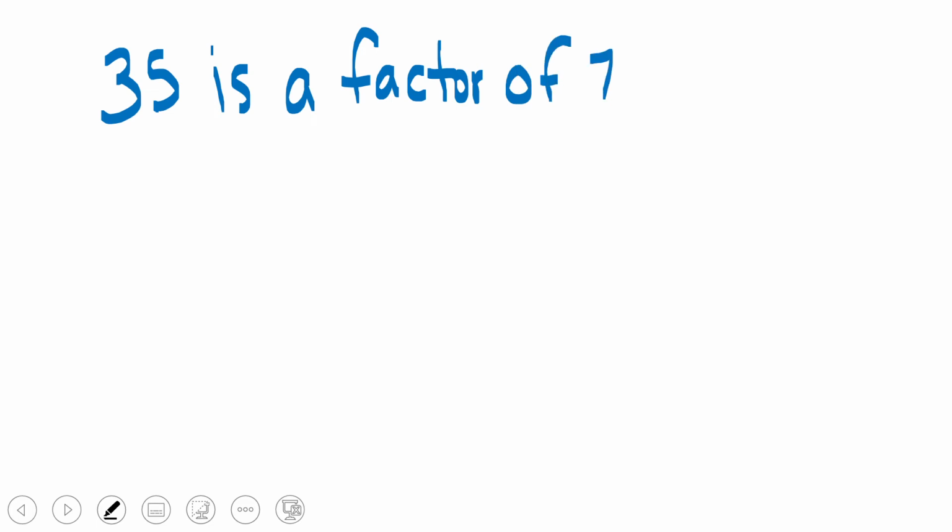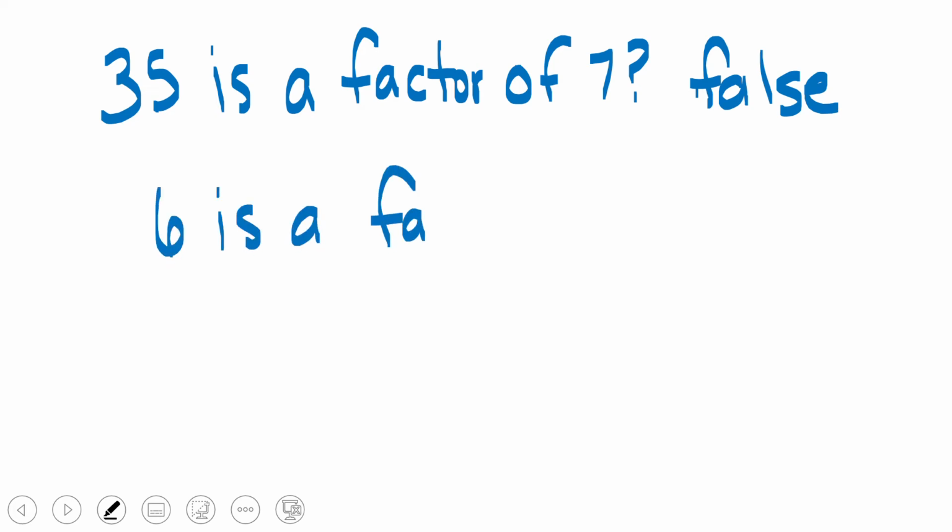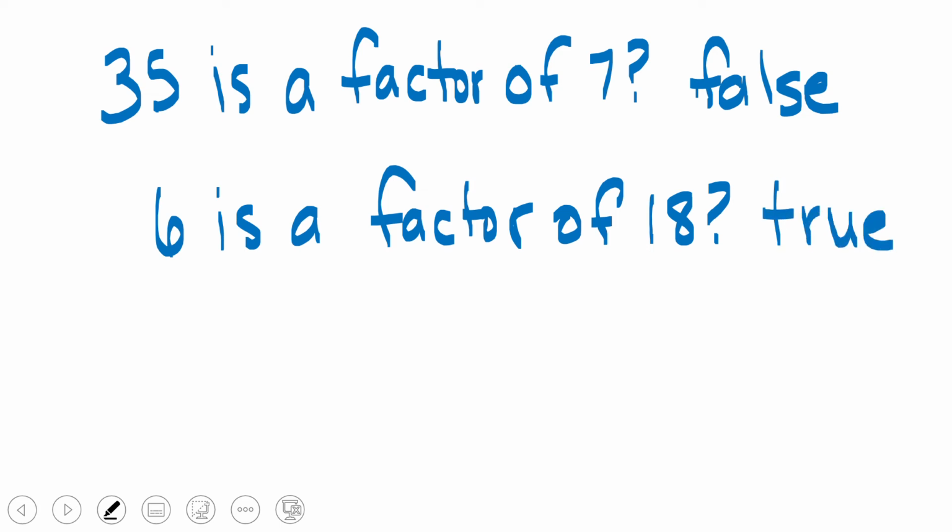Is 35 a factor of 7? No, 7 is a factor of 35, so we could say no or false there. How about 6 is a factor of 18? Yes, 6 is a factor of 18 because we know this.